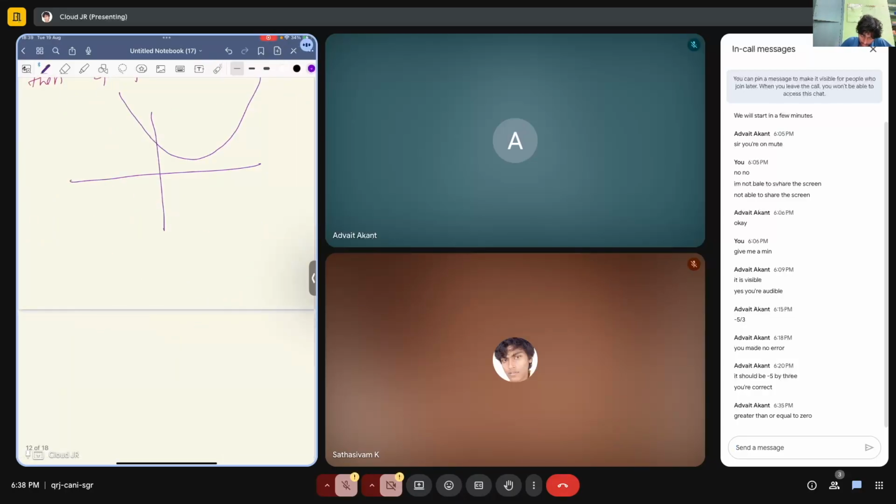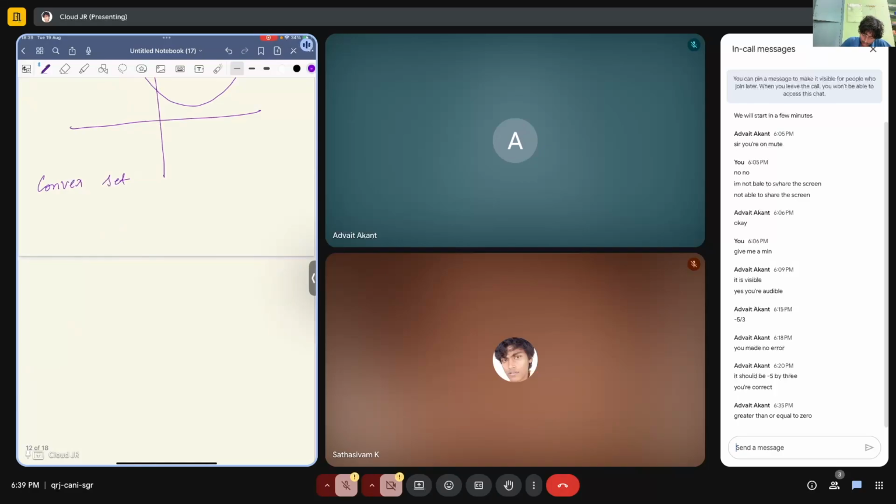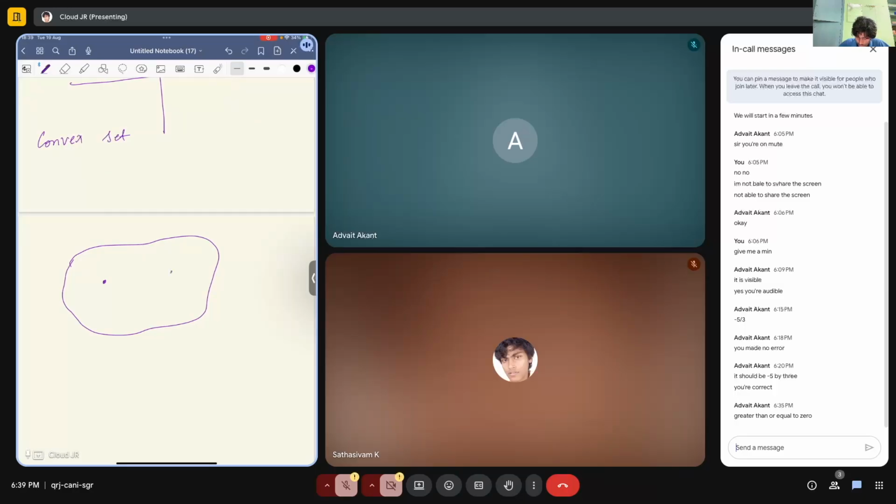I will just recall the convex set. Suppose I have a set like this. The set is convex if you take 2 points here and you draw the line segment which joins the 2 points x and y. Your set is convex if the line segment joining x and y also belongs to the same set. Let's call this set S.